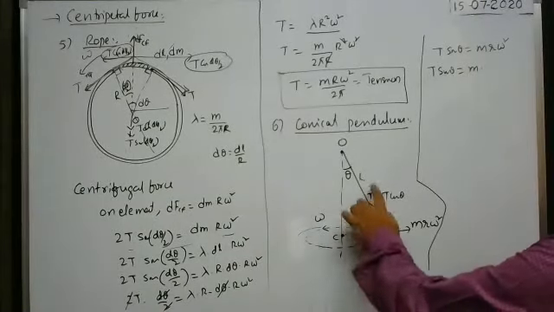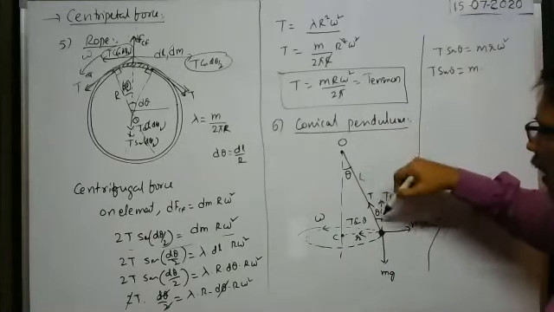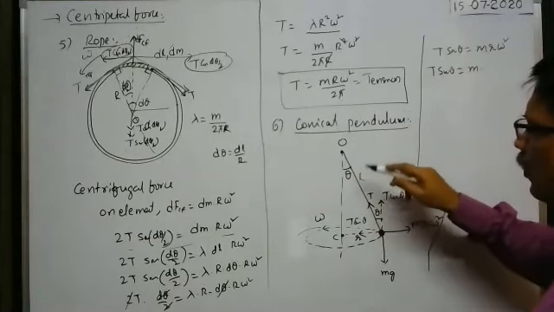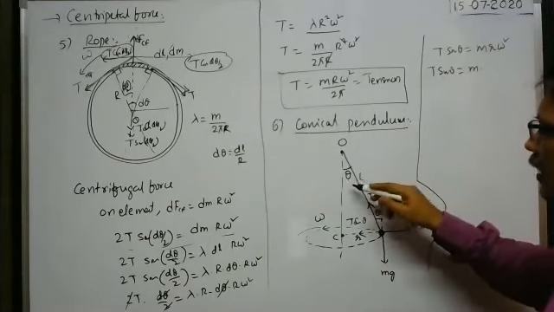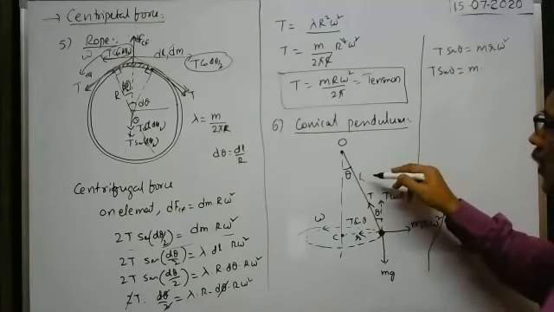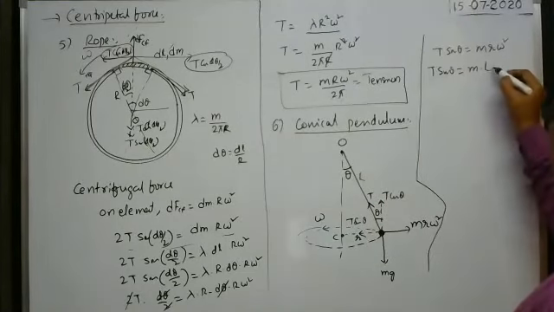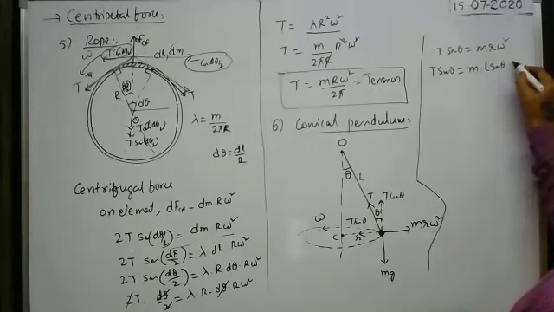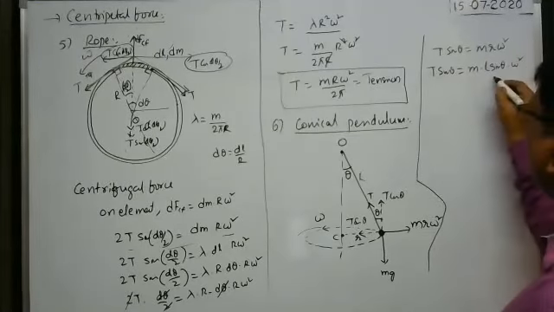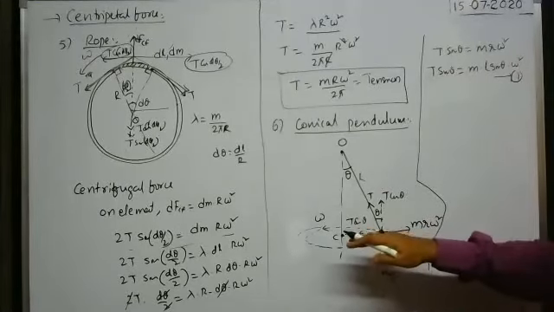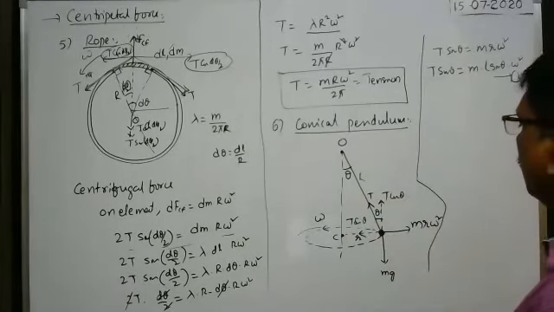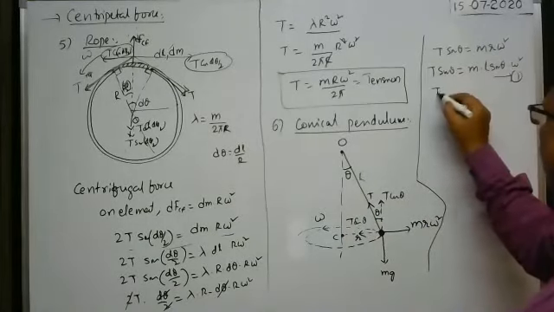This r can be written as L sin theta, because this is L, this is theta and this is r. From the right angle triangle, sin theta is equal to r by L, so r is equal to L sin theta. That's why instead of r, we can write L sin theta into omega square. This is equation 1. Along the vertical, T cos theta is equal to mg.